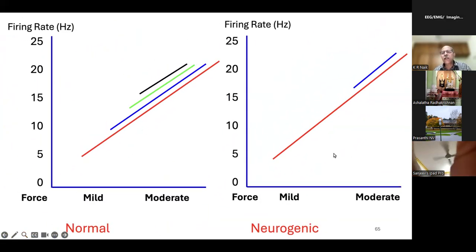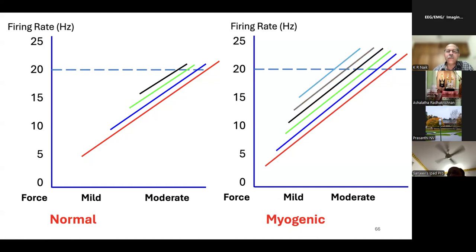Because of that, you may have only one or two or a few motor units firing when more force is required. And as expected, a motor unit cannot generate more force by itself, so it will fire faster, as was shown in the previous example.